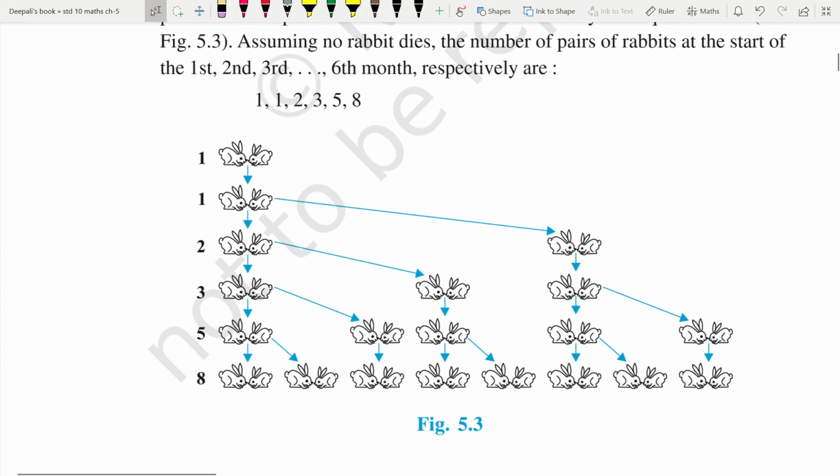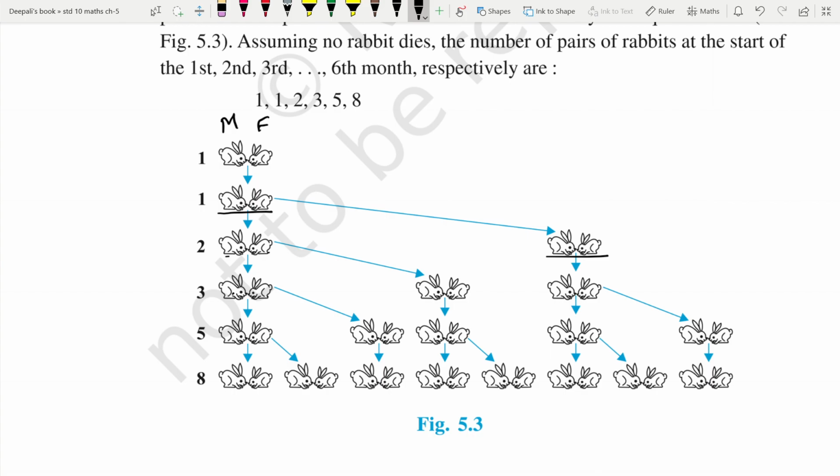How? Now there is one mother rabbit and one father rabbit giving birth to a pair of rabbits. Now this pair of rabbits in the first month is giving birth to 2 more rabbits. Now in the second month, this mother-father reproduces to give one more pair and one more pair.